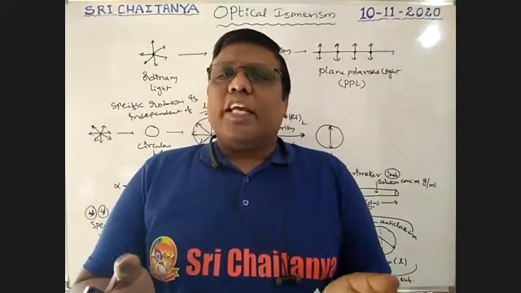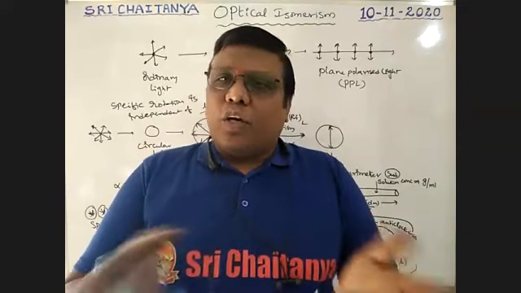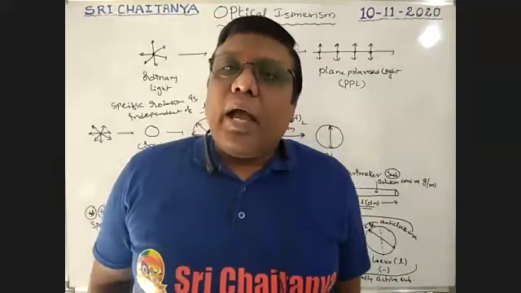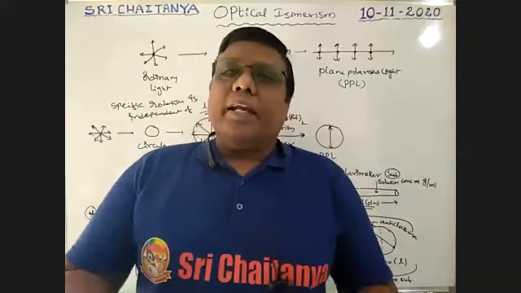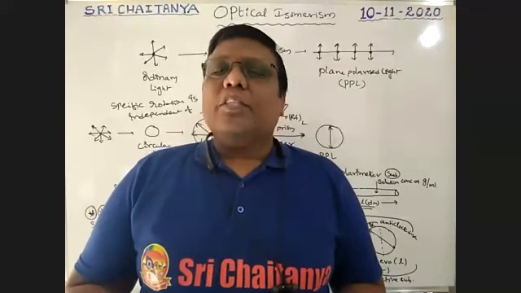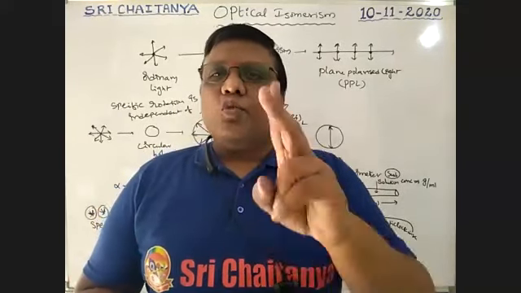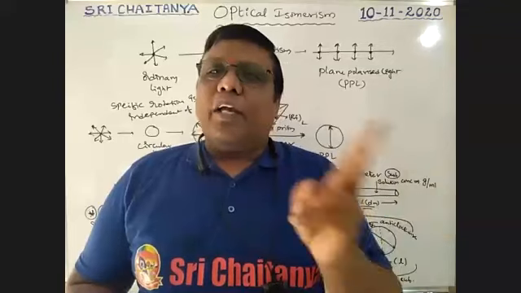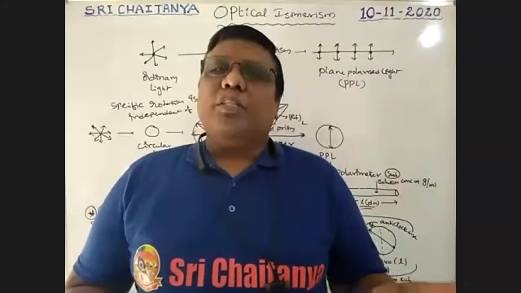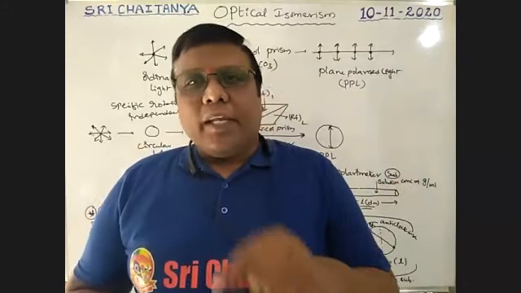If no rotation takes place, either clockwise or anti-clockwise, that is an optically inactive substance. That means according to optical isomerism, substances are of two types: optically active and optically inactive. Which cannot rotate plane polarized light in any direction is optically inactive.